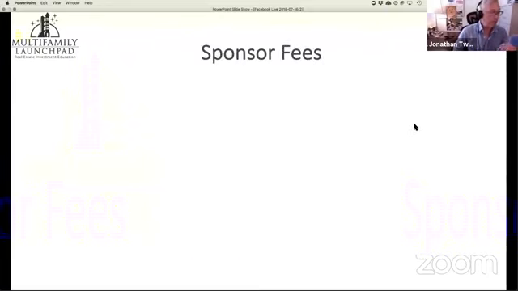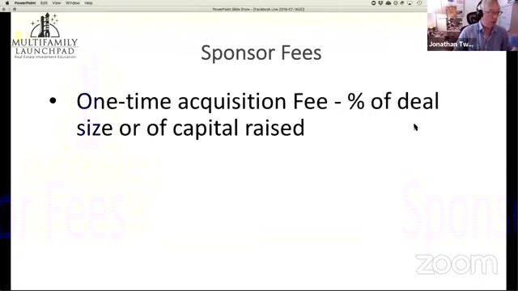Okay. Now, sponsor fees, there are lots of different fees that sponsors can charge. Most common one is an acquisition fee, which happens one time. It happens at closing. It's usually calculated either as a percentage of the deal, so like the sale price, or as a percentage of the capital raised.